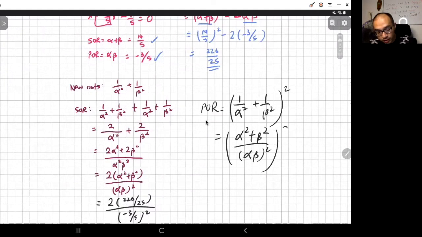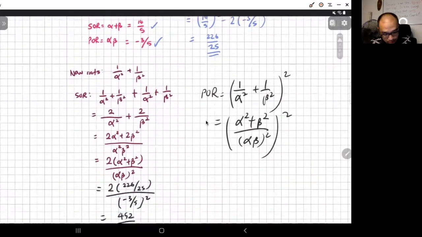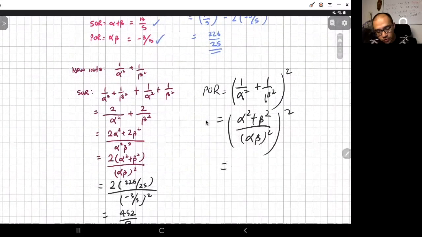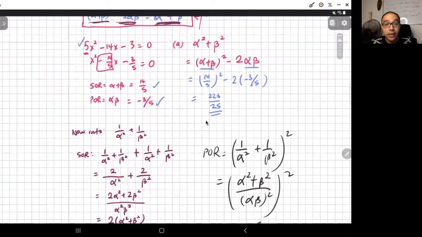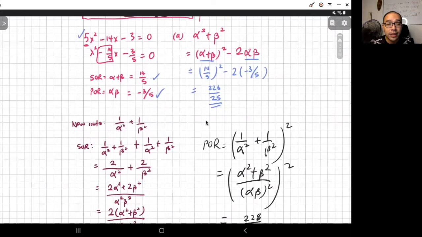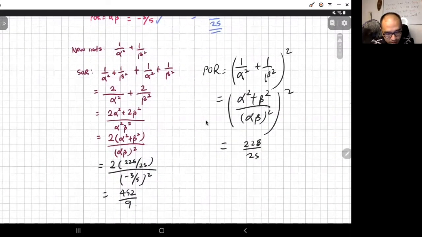The whole thing squared, makan. And this looks like we already have this: 226 over 25, which is alpha squared plus beta squared. Then you divide by alpha beta squared lah, which is just this lah kan, which is this whole thing, kan?